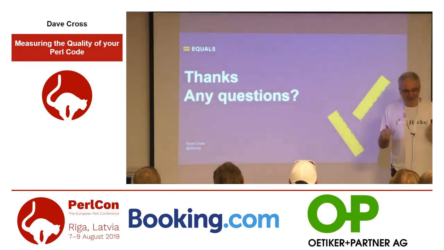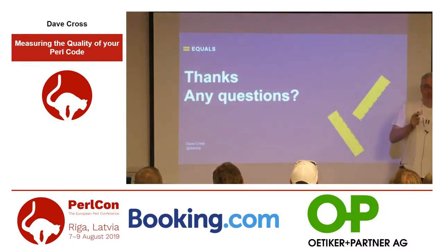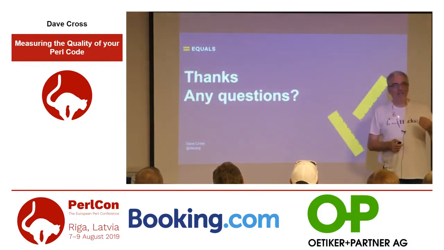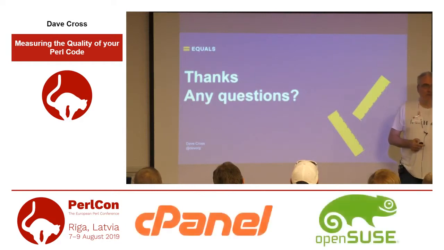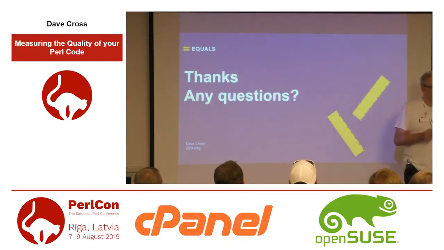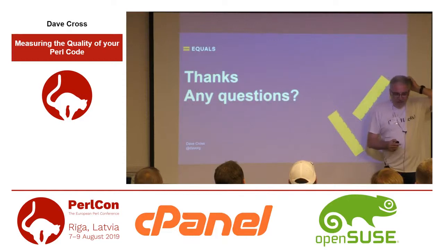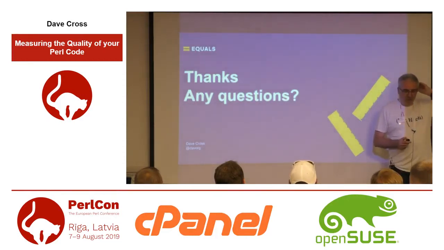So, to paraphrase the question slightly, is there a danger that developers will write code just to address the metrics and to improve the metrics in a way that doesn't actually improve the quality? Yes.